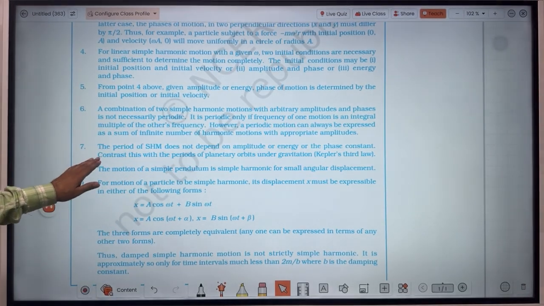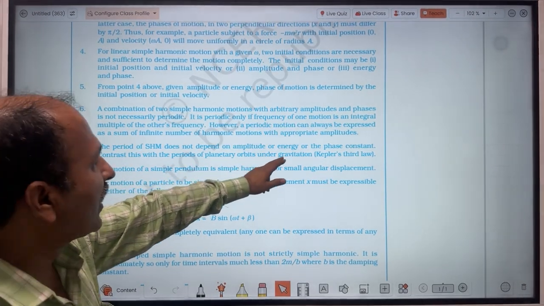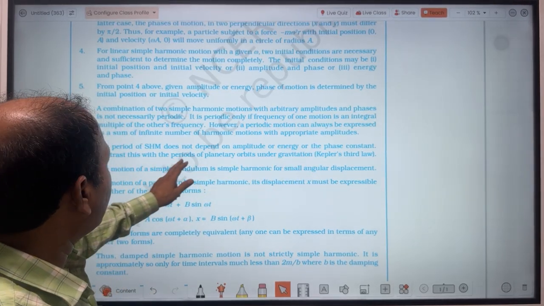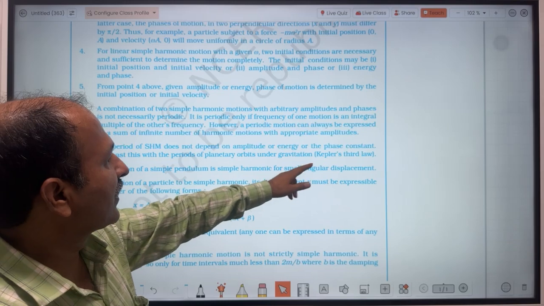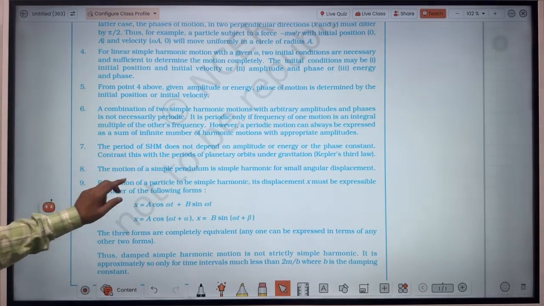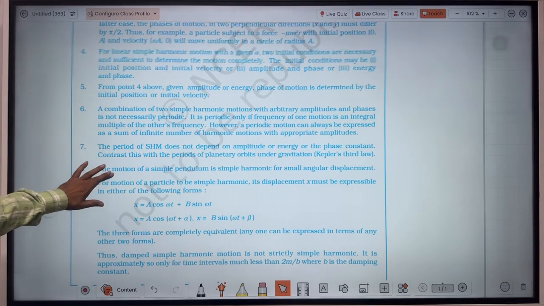Then the next point is that the period of simple harmonic motion does not depend on amplitude or energy or the phase constant. With this, compare the periods of planetary orbits under gravitation, Kepler's law, which is in contrast to that. And then the motion of a simple pendulum is simple harmonic for small angular displacement.